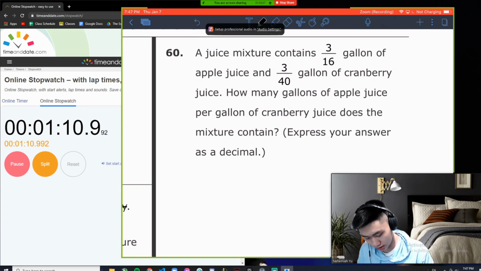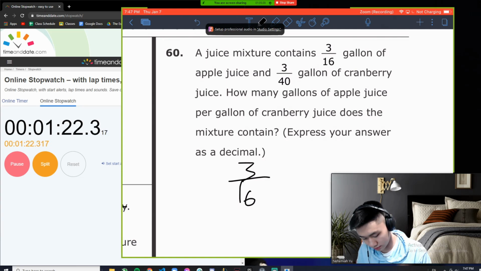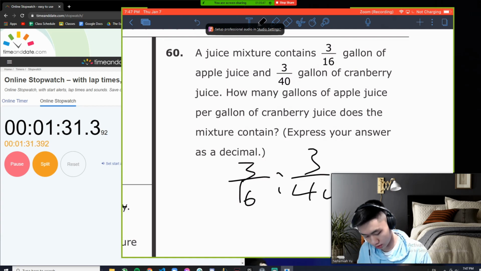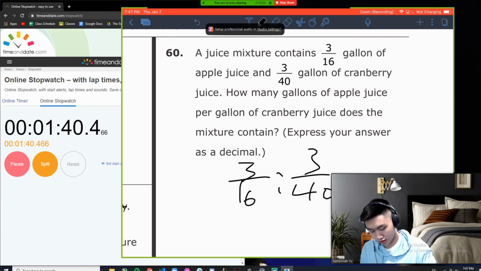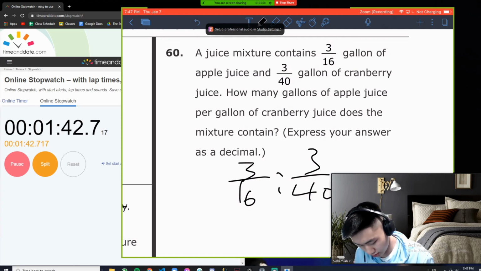A juice mixture contains... How many gallons of juice mixture? Well, it's 3 over 16 apple juice per gallon to 3 over 40 per gallon of cranberry juice.